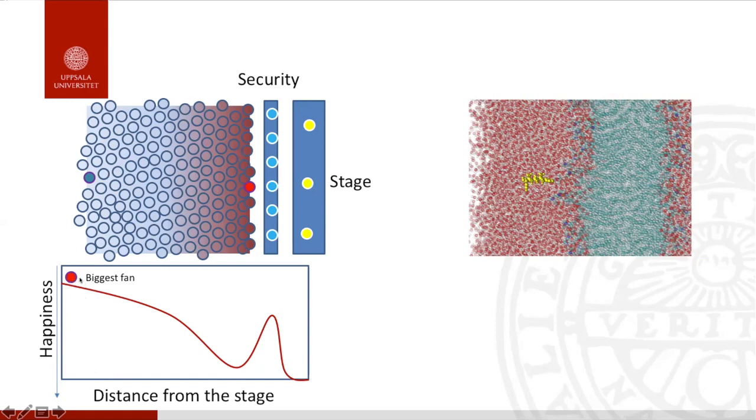So far away, the biggest fan is not happy, but it is happy in the first row, and maybe would be happy also on the stage. But there's a security line that prevents the biggest fans from going to the rock band. And there are moderate fans that are quite fine with that, and they just don't want to get into the mess, so they are staying a bit outside.